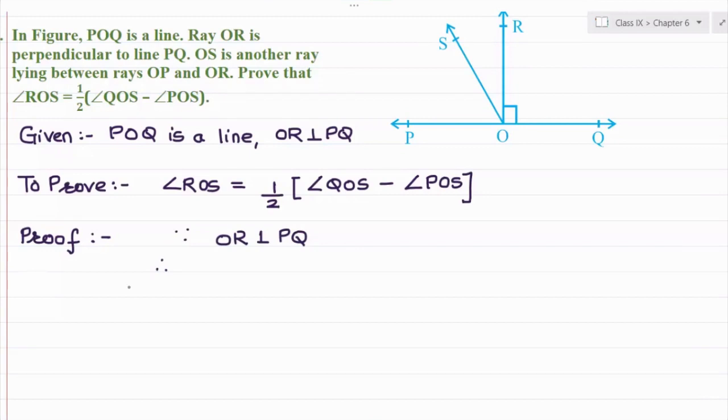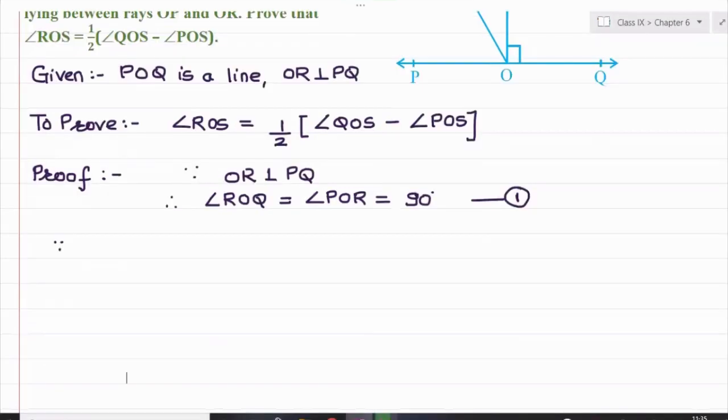Means we can say that angle ROQ and angle POR, or you can say angle ROP, both the angles will be equal to 90 degree. That is our equation number 1. Now let us see how we can go further.